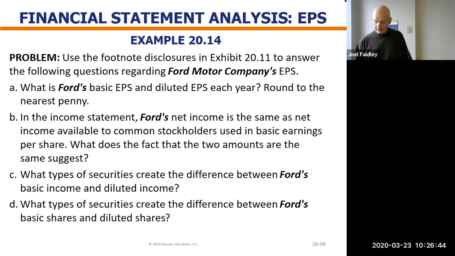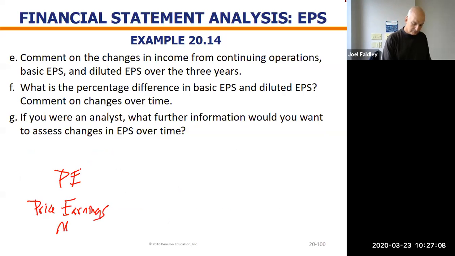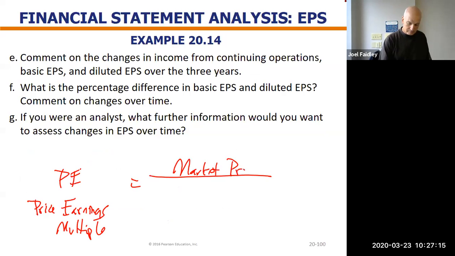You do need to know how to calculate price earnings ratio. We just learned how to do earnings per share, but price earnings ratio is really very simple. PE, or price earnings multiple, is nothing more than the market price of stock divided by your earnings per share.